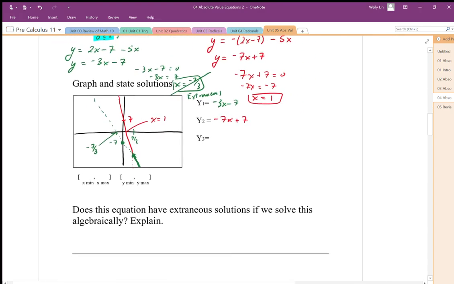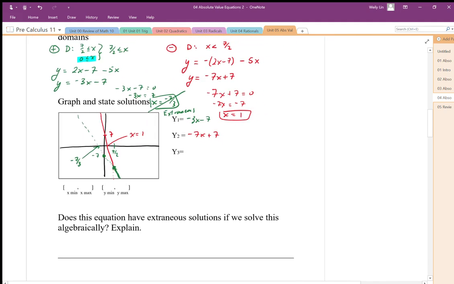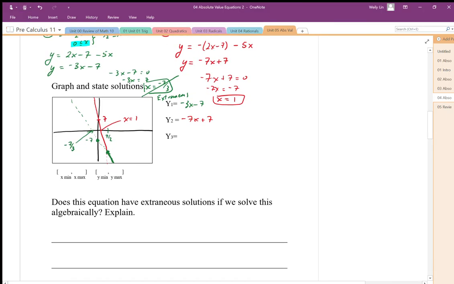Does this equation have an extraneous solution? If we solve this algebraically, yes it does, because when we algebraically solve, which we did here in green, it has an extraneous solution.